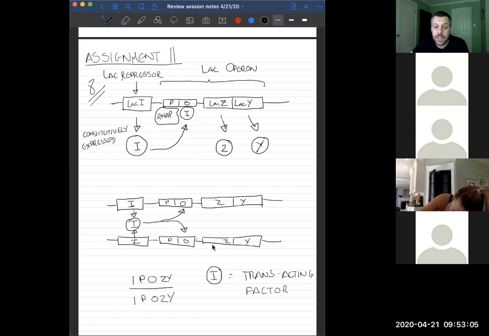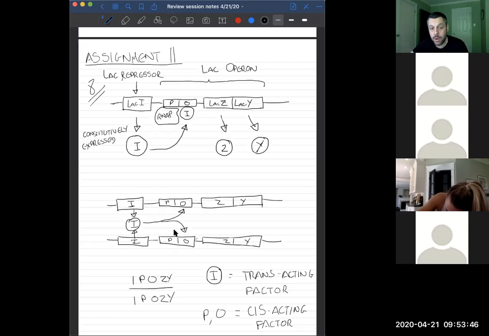If you look at the promoter and the operator, however, they would be called cis-acting. What that means is they can only regulate stuff that is on the same DNA strand as they are. So this promoter on this top piece of DNA can only affect this gene that's right downstream of it.